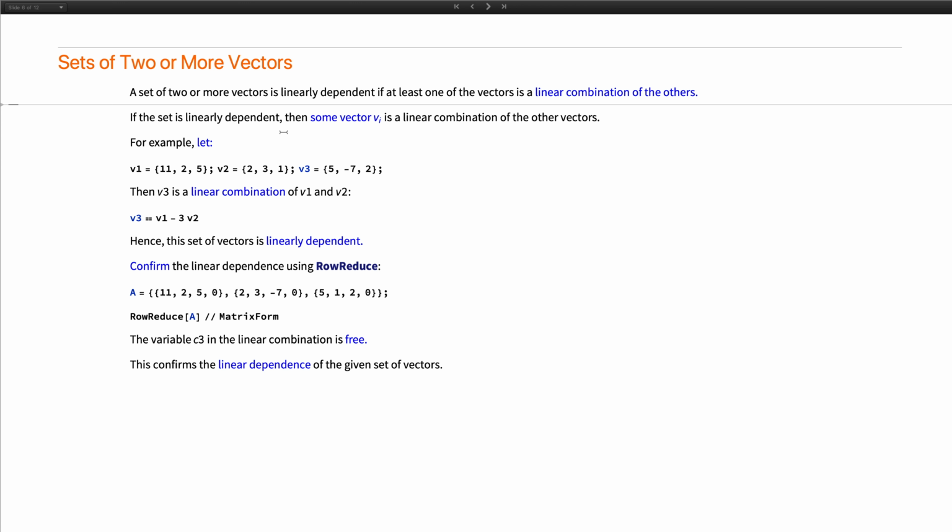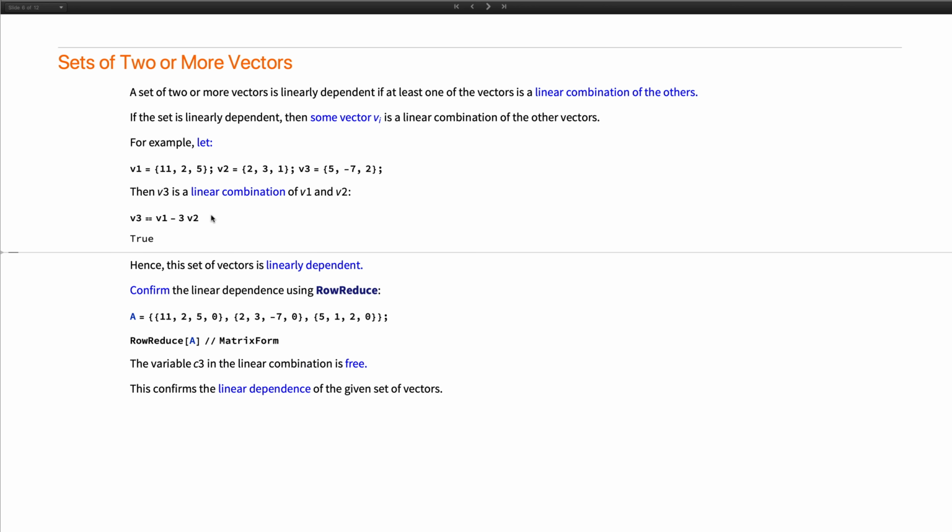For example, here you have v1, v2, v3. Clearly, if you look at v3, then it is v1 minus 3 times v2. So for example, 11 minus 6 is 5, etc. You can check that v3 is v1 minus 3 v2, and hence this set is linearly dependent.